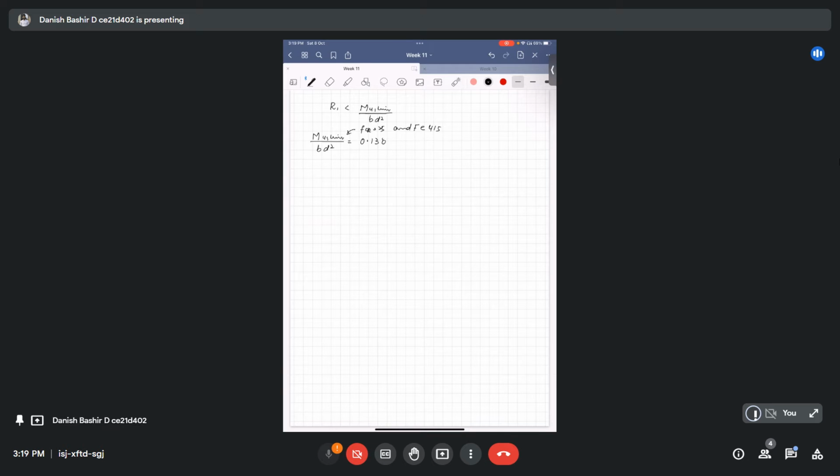Okay, you have to follow the code. So Mu limiting by BD square will be equal to 0.1389 into fck, into 25. This value comes out to be 3.472 megapascal. You will see that this is greater than R1. So section is okay.